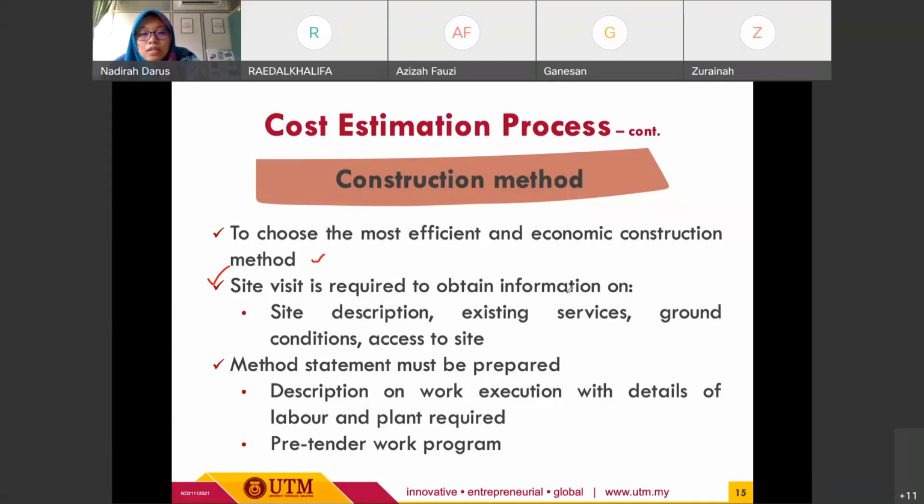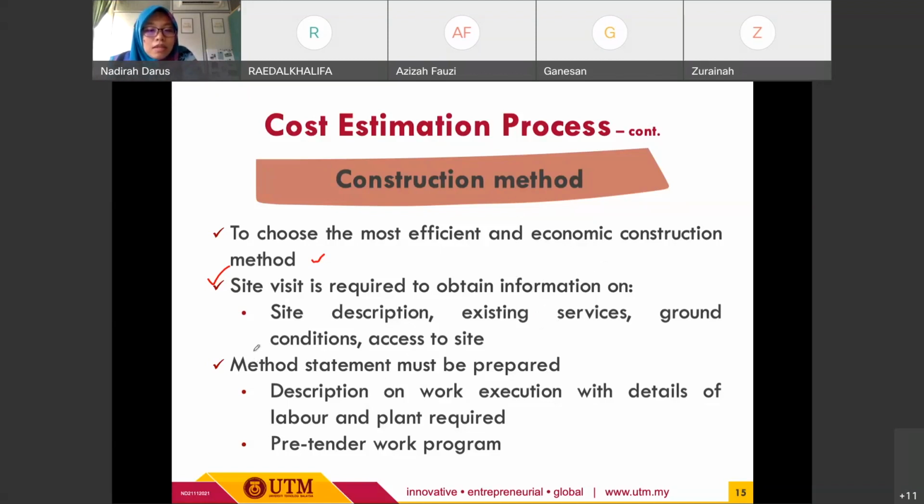All of this will affect the site planning and also site layout. At the end, they will relate to the method of work for a specific construction activity.